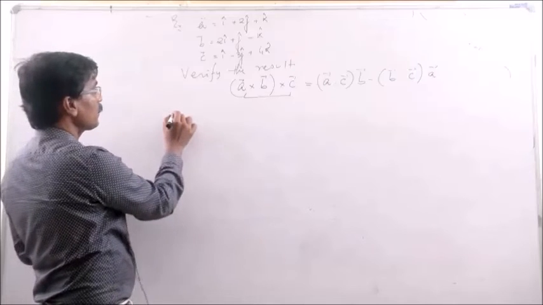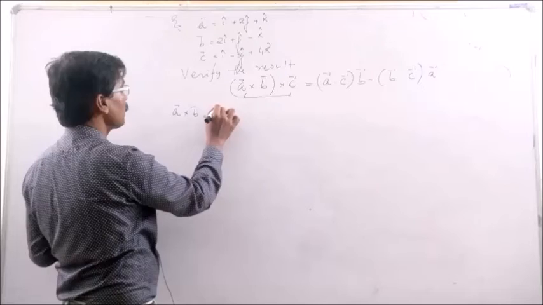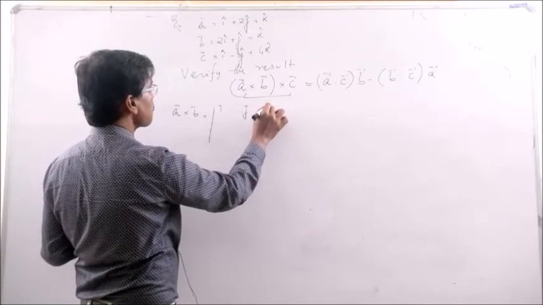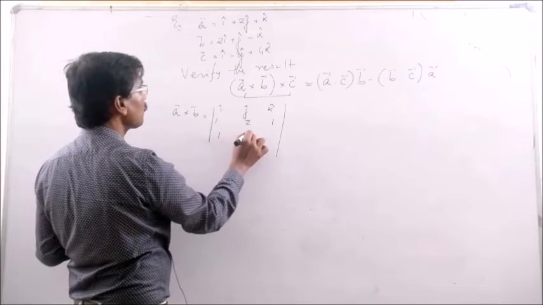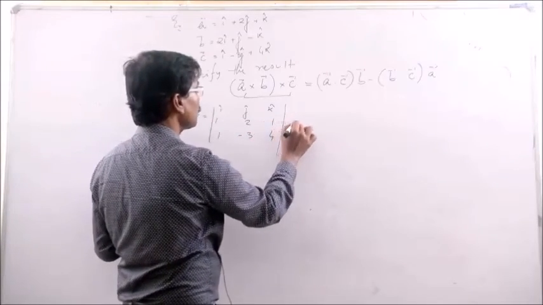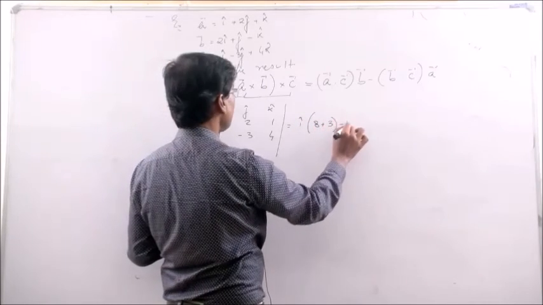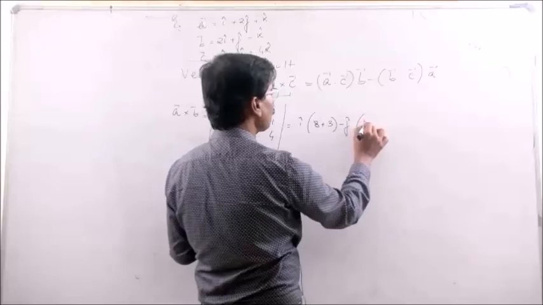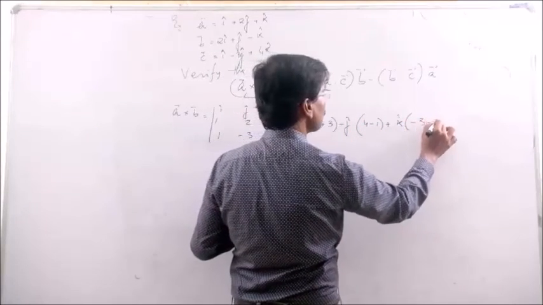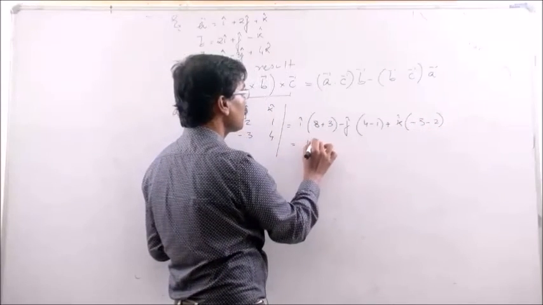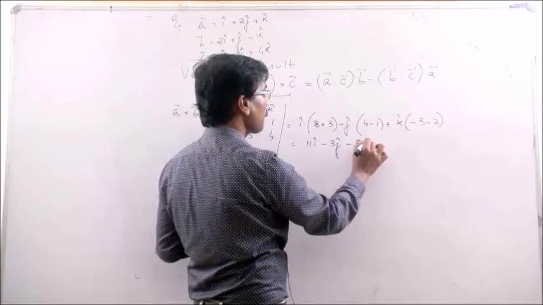So, first of all we have to calculate A cross B, that is equal to the determinant of i j k, A vector is 1 2 1, 1 minus 3 4, that is equal to i cap into 8 plus 3 minus j cap into 4 minus 1 plus k cap into minus 3 minus 2, which is equal to 11 i cap minus 3 j cap minus 5 k cap.